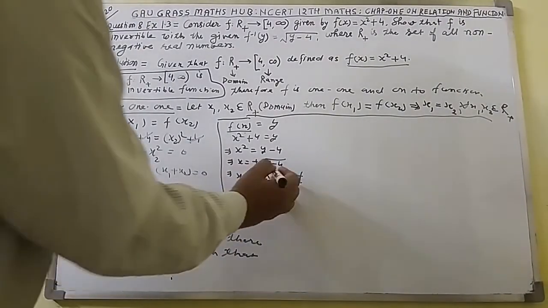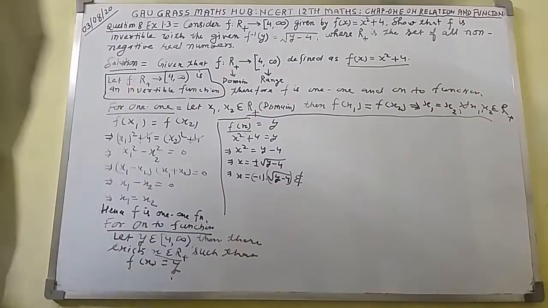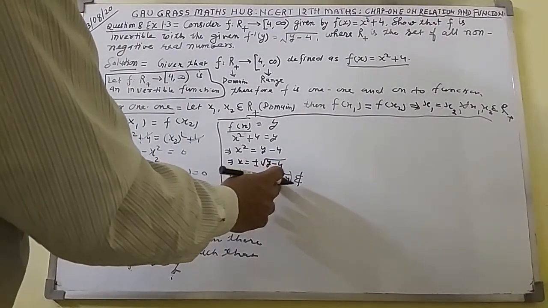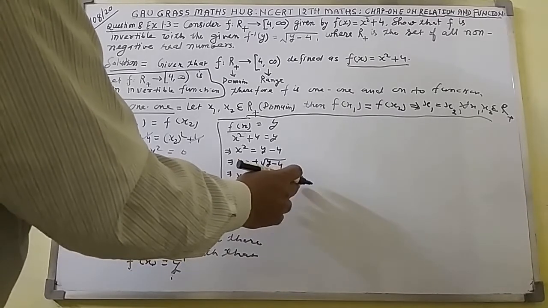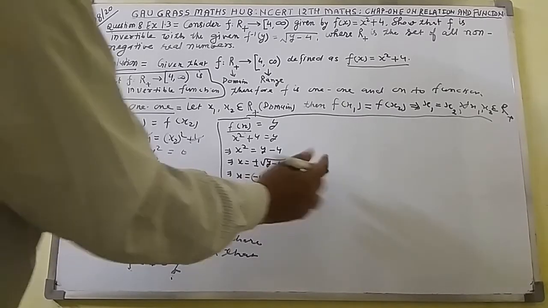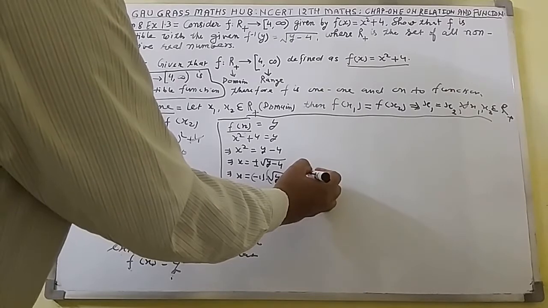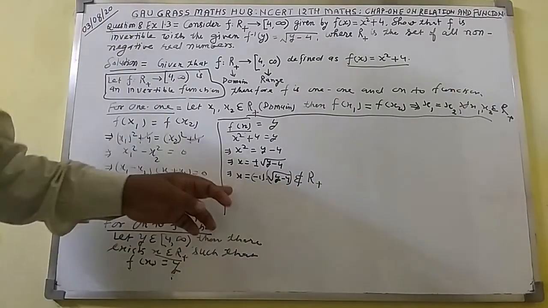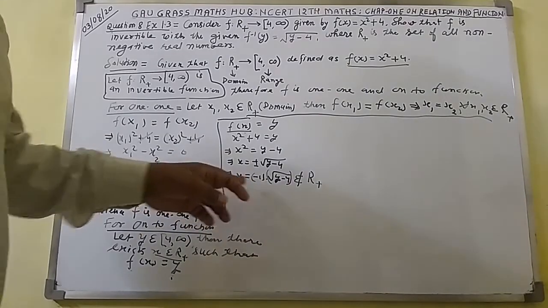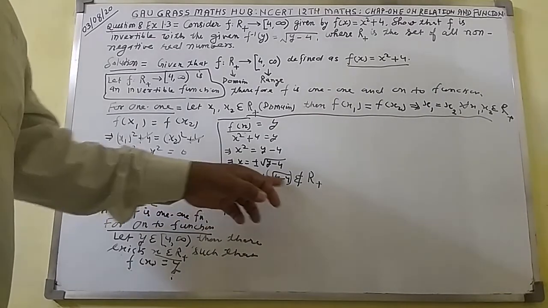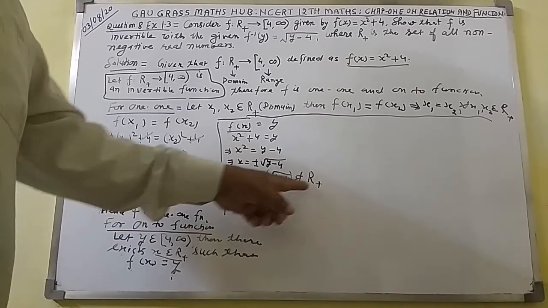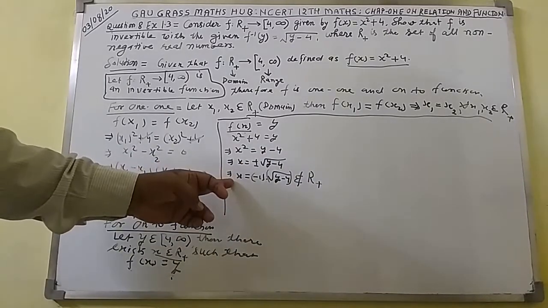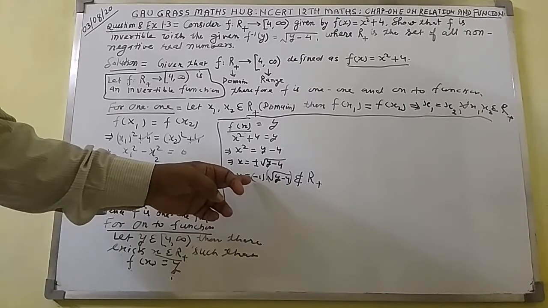This value x is equal to minus 1 in bracket under root y minus 4 can't belong to R positive. Here you can see x is equal to minus 1 under root y minus 4 does not belong to the set of positive real numbers, because here you have got the value of x as negative.